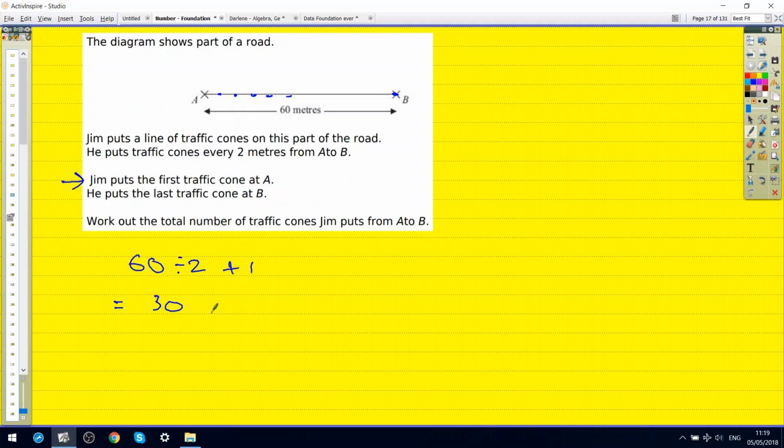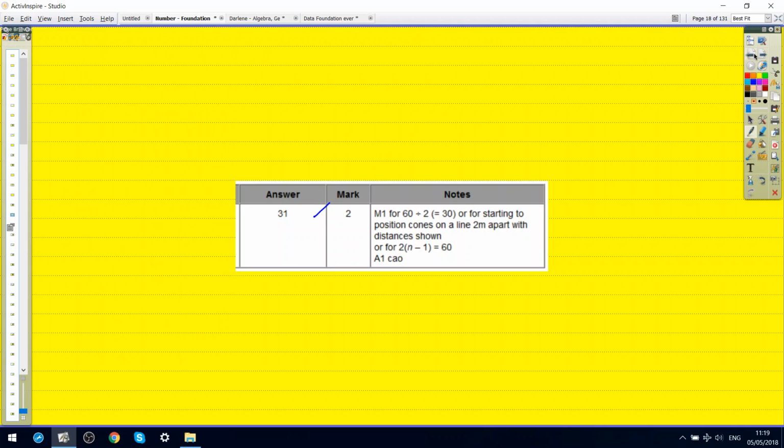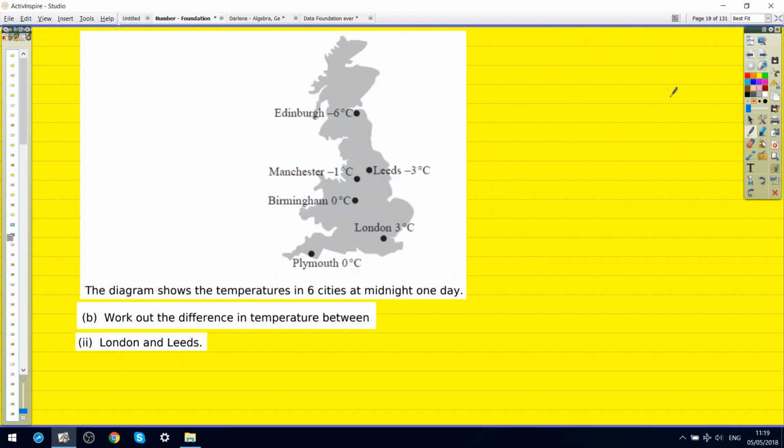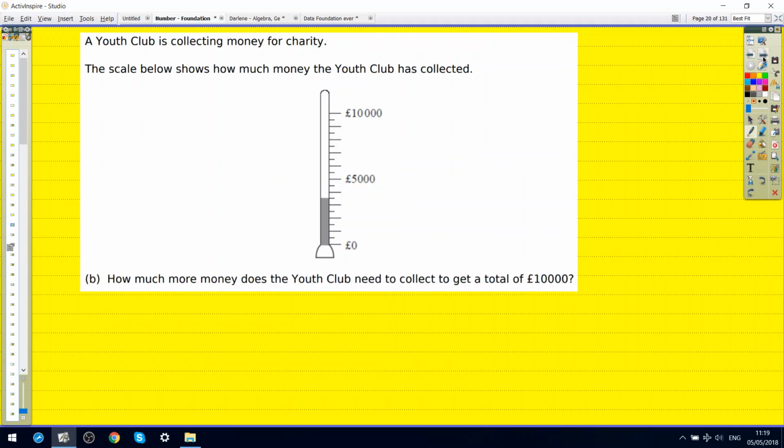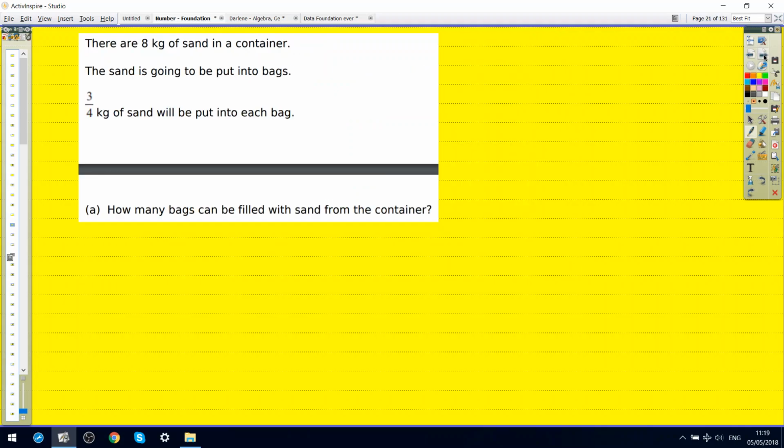And so how many cones in total? That's it. So that's the little trick there. You'll be fine there, I believe. Let's see. Fine. How about this one?